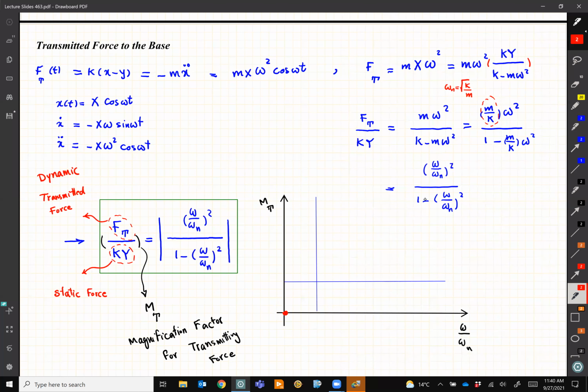At 1, it goes to infinity. So it's going to look like that. And then at infinity, you can look at the equation. You have a variable up, one down. It's going to then lead to 1.